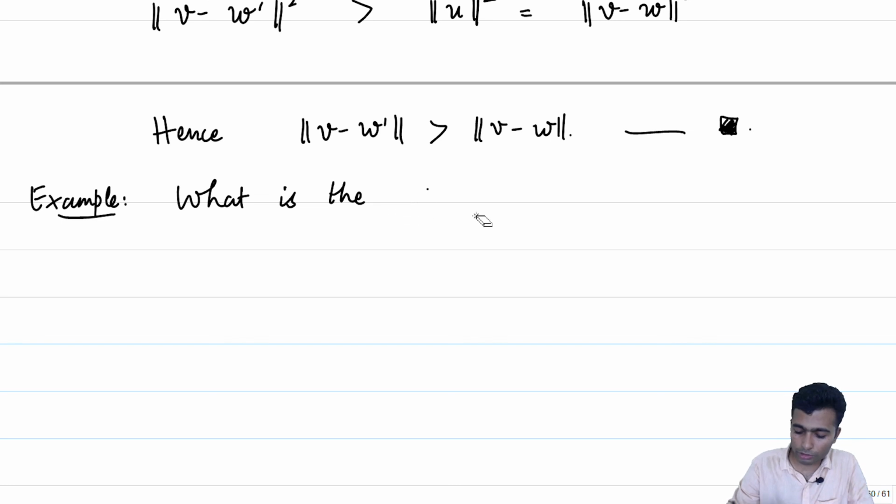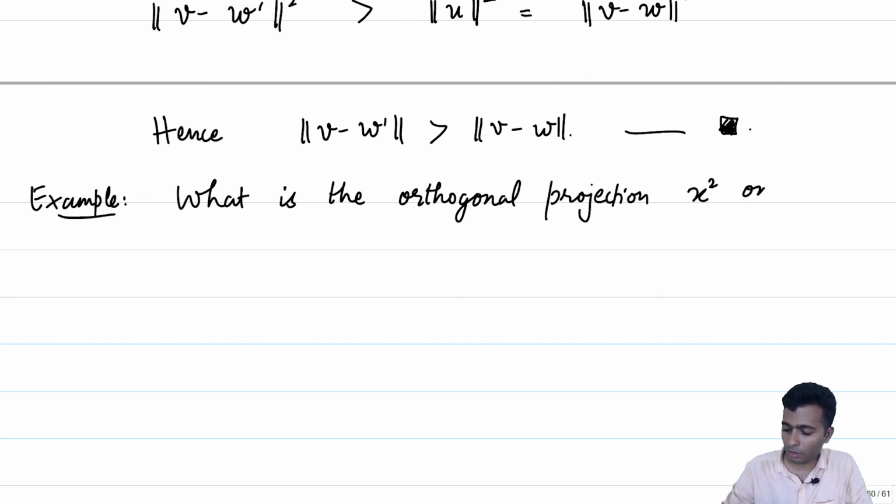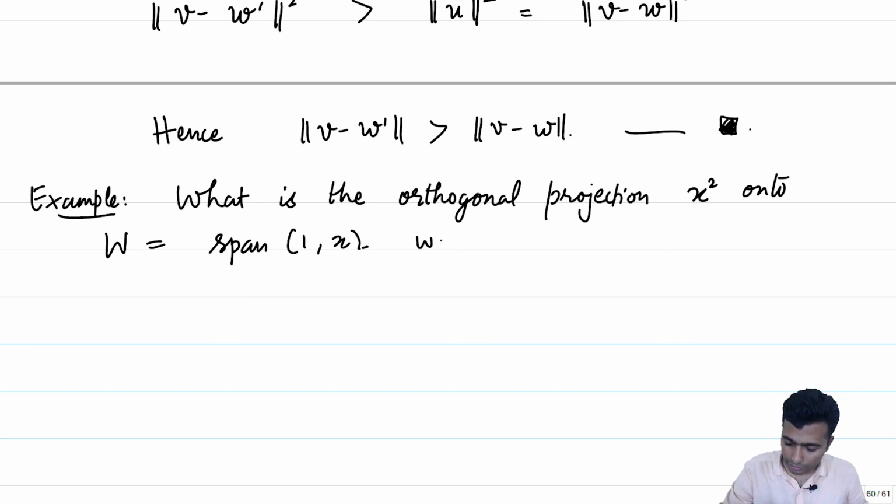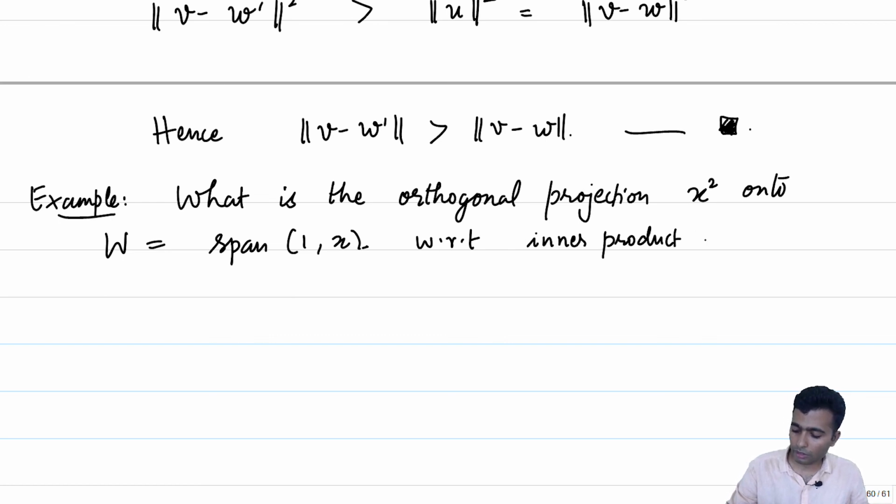What is the orthogonal projection of a degree 2 polynomial? Let's pick some easy degree 2 polynomial, x square, onto linear approximation, so polynomials of degree less than or equal to 1, onto W, which is the span of 1 comma x, with respect to the inner product given in the example above.